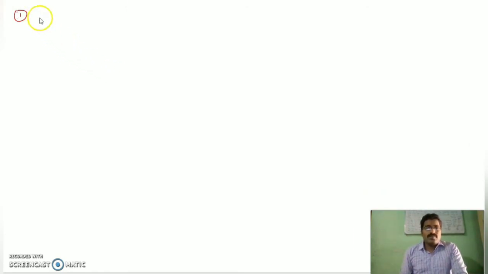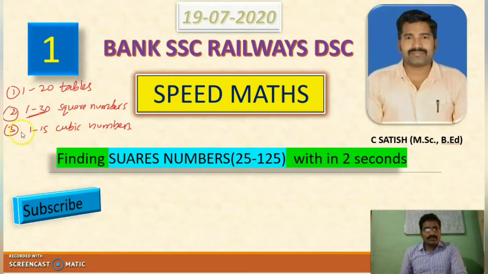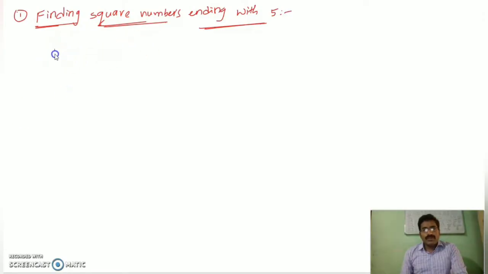First one is finding square numbers ending with 5. 25 square, how much?